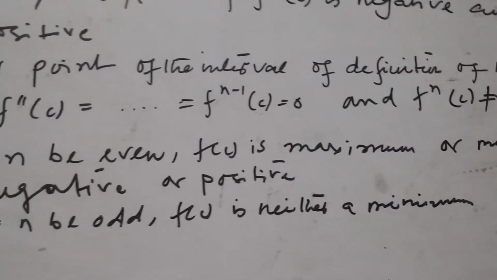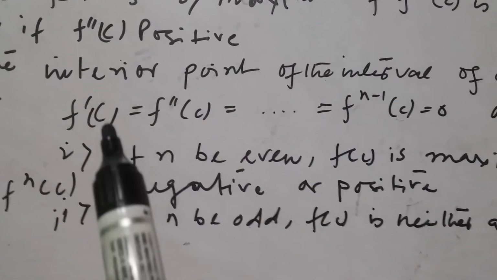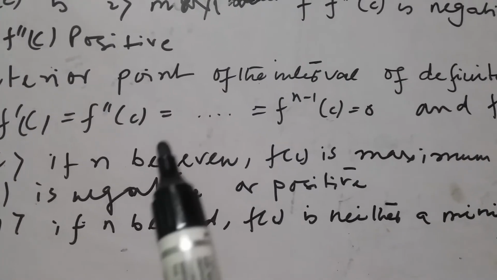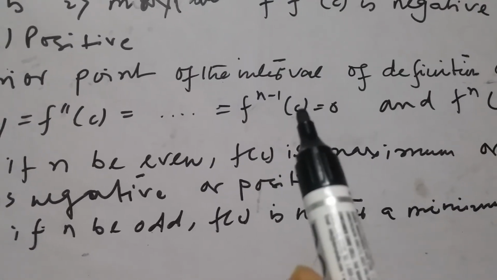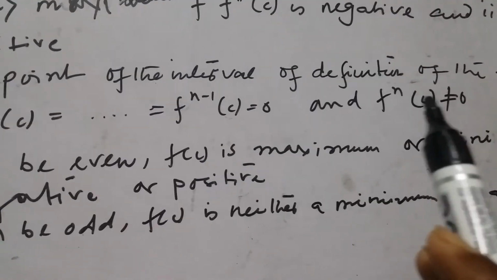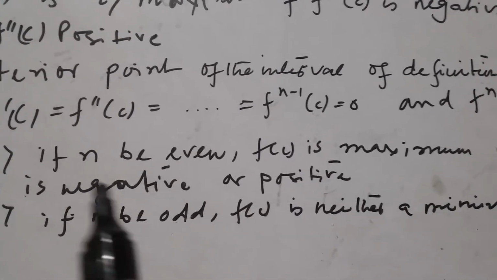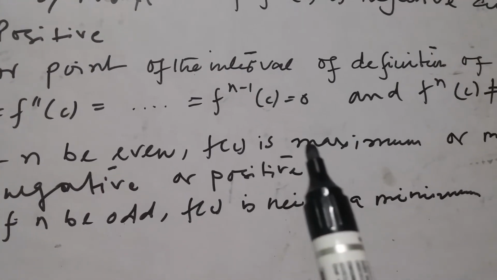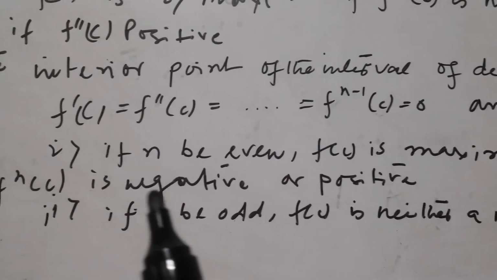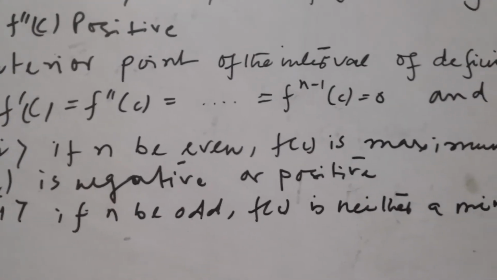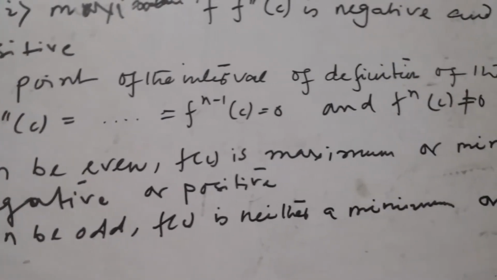So in this way you differentiate n times, and suppose f dash equal to 0, f double dash 0, and so on, f to the n minus 1 of c equal to 0, f to the n of c not equal to 0. If n is even, f(c) is maximum or minimum when f to the n of c is negative or positive. If n is odd, then f(c) is neither minimum nor maximum.